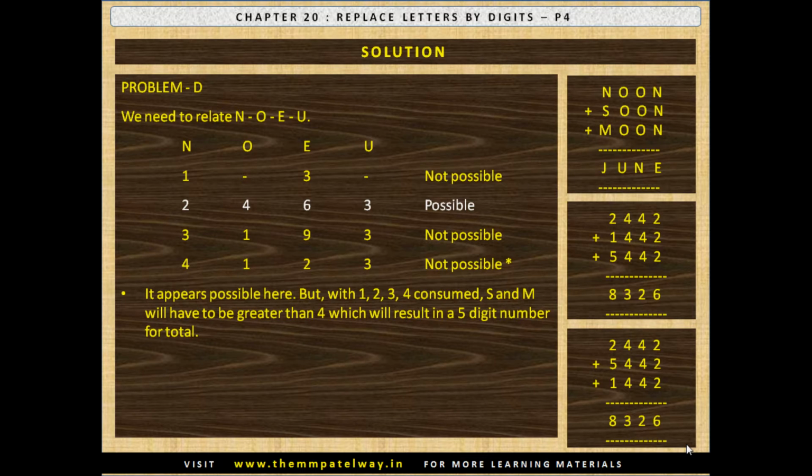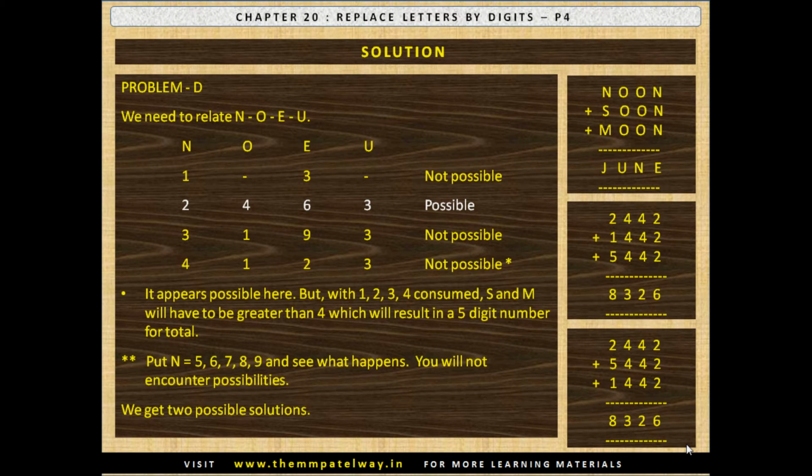And for total we need a 4-digit number. You can put N equals to 5, 6, 7, 8 or 9 and see what happens. You will not encounter possibilities. Hence we get two possible solutions. The solutions are shown.